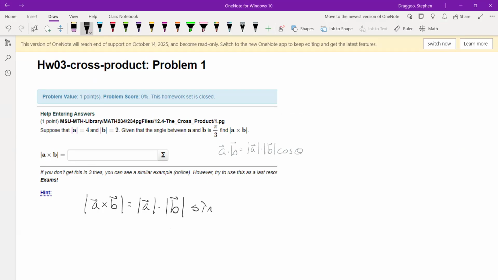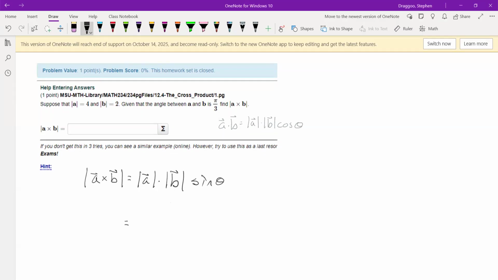So mostly I've got the dot product example on here just to contrast the two, because those two formulas do look very similar to each other. Again, pretty similar, except that the dot product is related to cosine of the angle between the vectors, whereas the cross product will be related to the sine of the angle between those vectors.